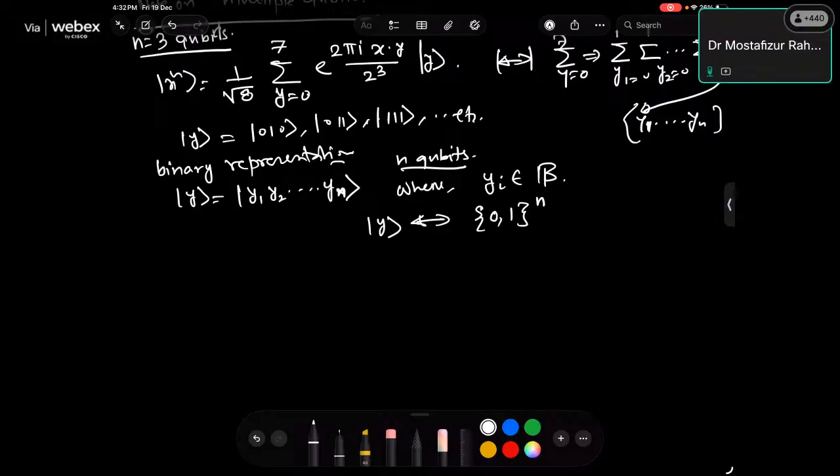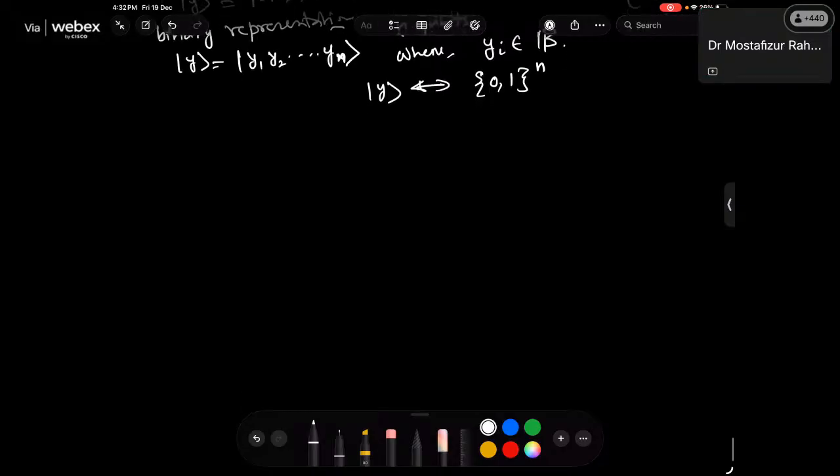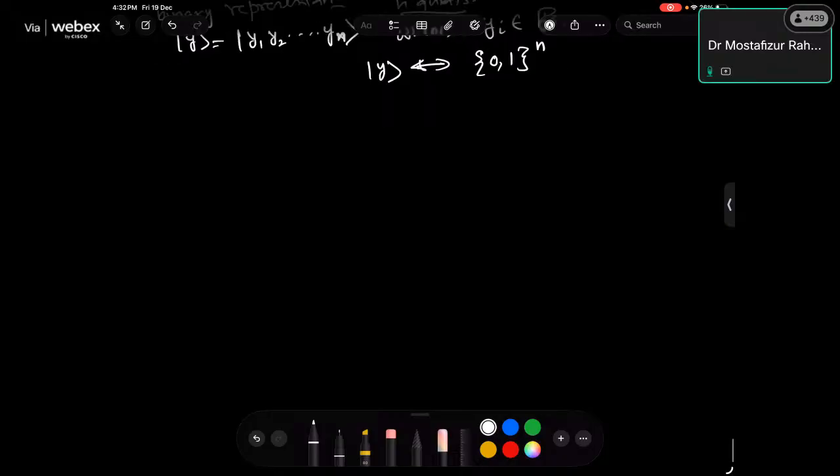But now let us see the big picture. So this x tilde, the evolved basis, the Fourier basis representation, can be written as 1 upon square root N, summation over y equals 0 to N minus 1, e to the power 2 pi i x times y by N, ket y.